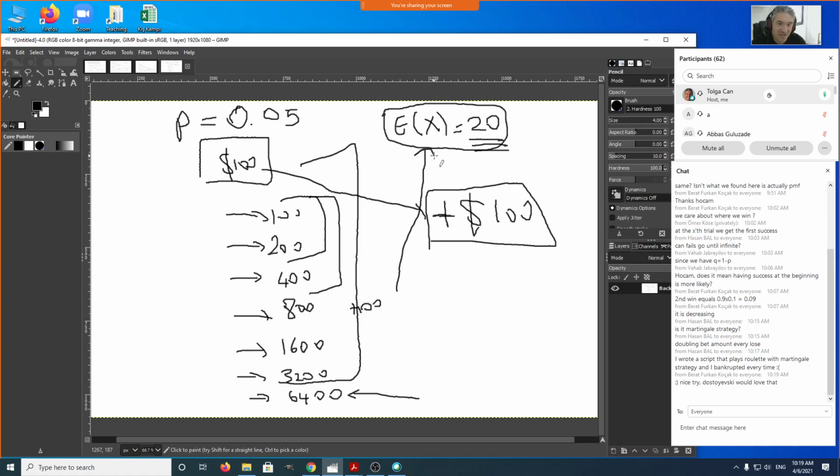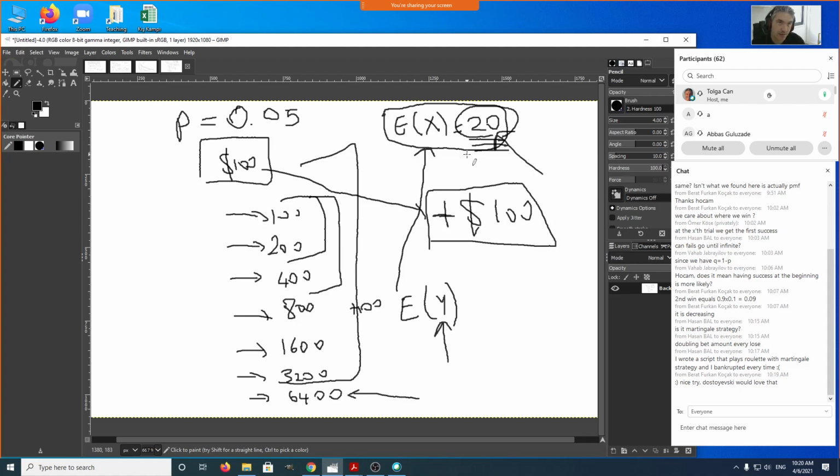a paradox is that although the number of trials is a finite number, if you define a random variable Y, which indicates the amount of money, the total sum of money you have to bet until the first success.